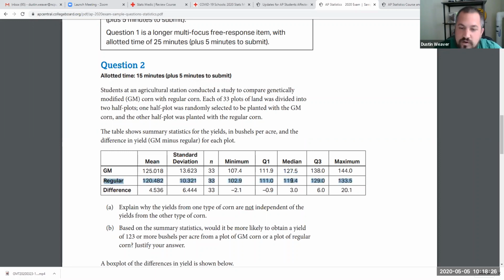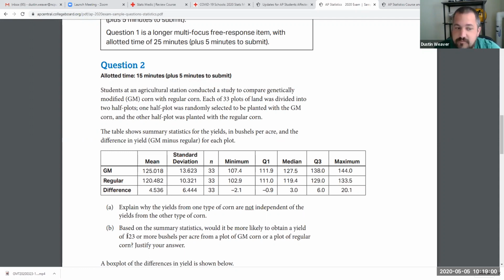In the regular corn, the median is only 119.4, so we still haven't gotten to that 123. That 123 is somewhere in between the median and Q3, whereas here, that 123 is actually before we get to the median. So we know that more than half of the genetically modified plots have 123 or more bushels.